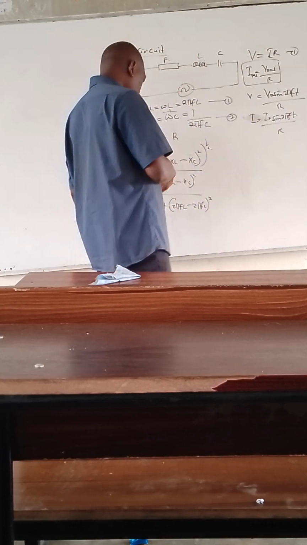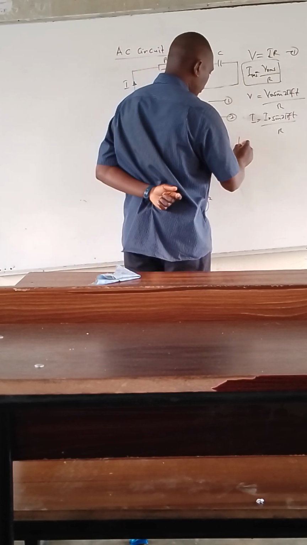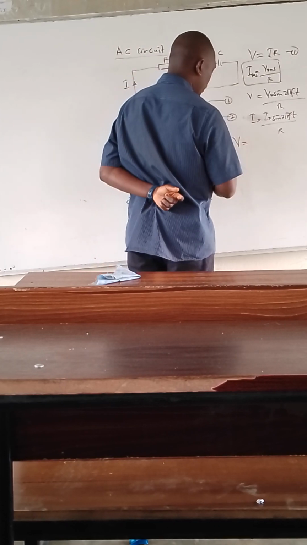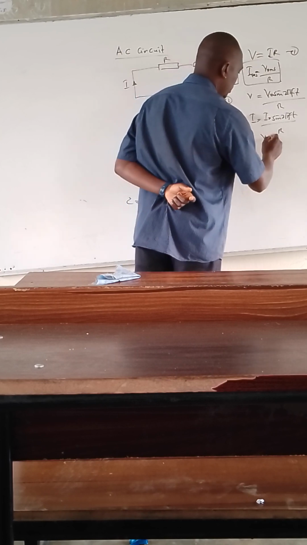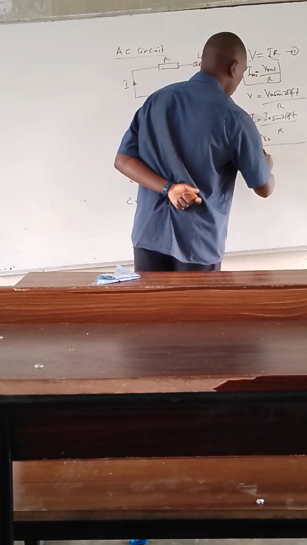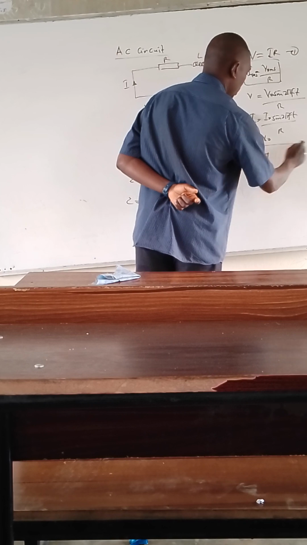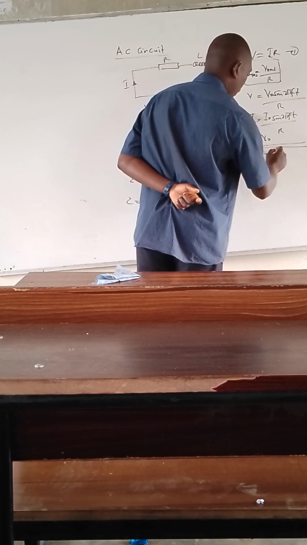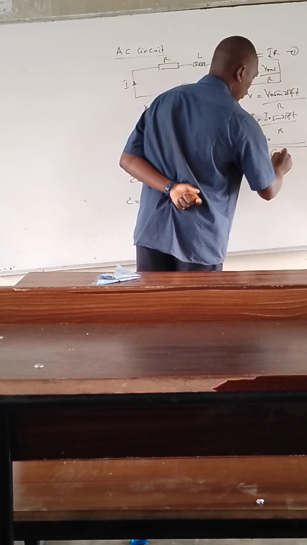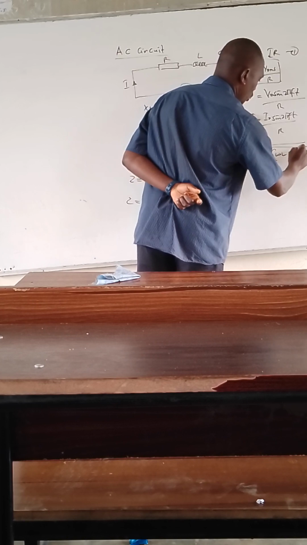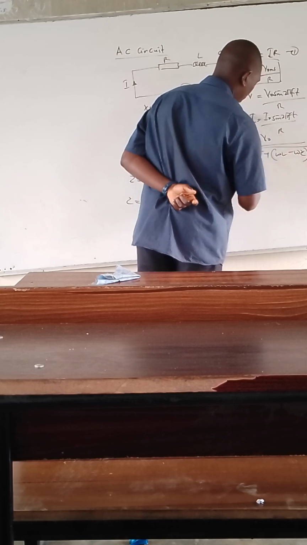So generally, we can say I is equal to V naught over the square root of R squared plus, bracket open, omega L minus omega C, squared.